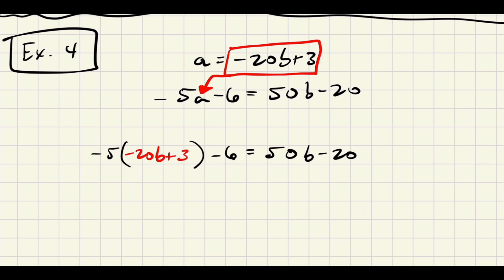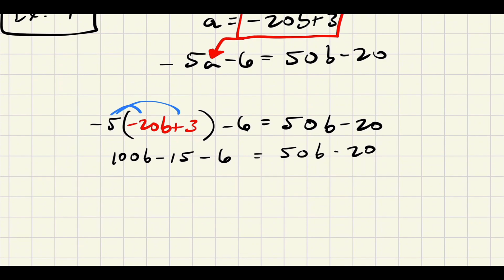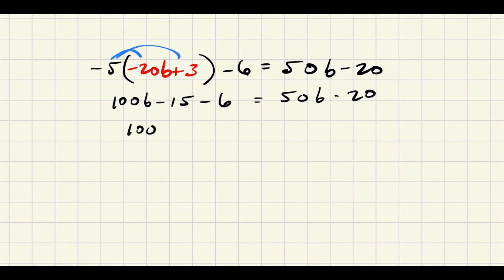So now, in your new equation, you only have B's. There's no more A's. Solve for B. So I'm going to distribute the negative 5. So I get 100B minus 15 minus 6 equals 50B minus 20. I get 100B minus 21 equals 50B minus 20. Okay, so I'm going to get B's on one side, everything without a B on the other side.